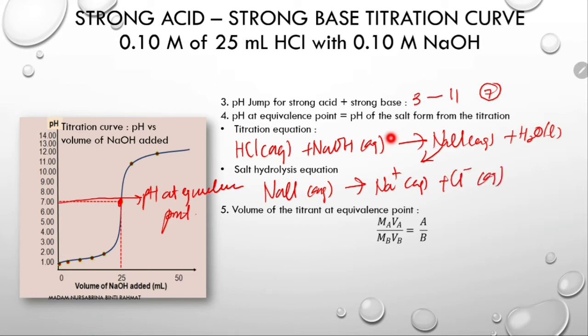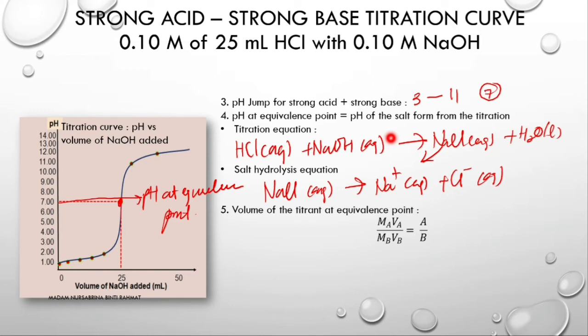Both of these ions come from a strong acid and a strong base, so they will never hydrolyze in water. So the pH of this salt depends on the auto-ionization of water. That's why the pH at the equivalence point is 7.